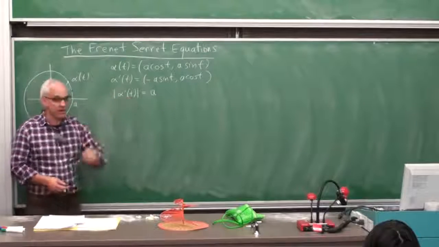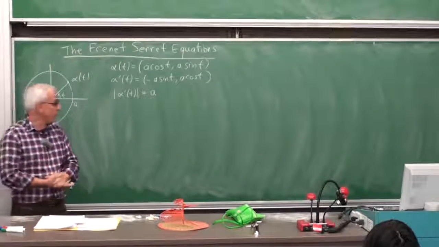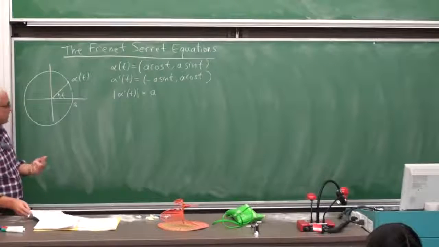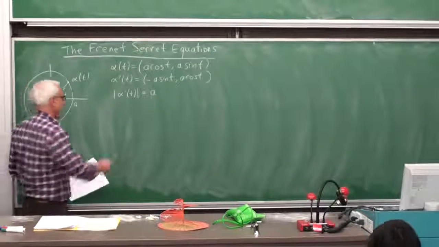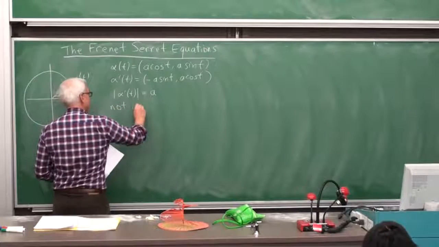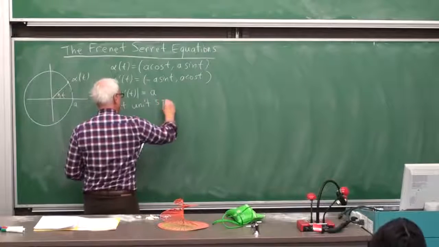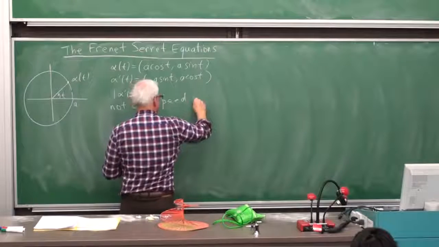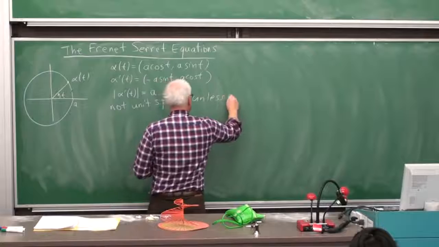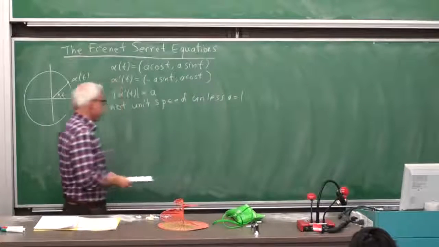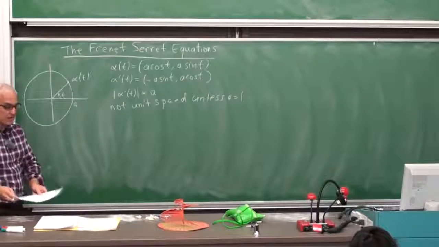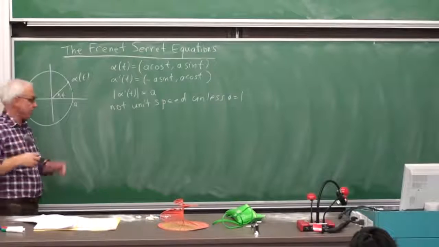And we noted that the size of the derivative was equal to a. So this is a constant speed curve, but not unit speed, unless a equals 1.